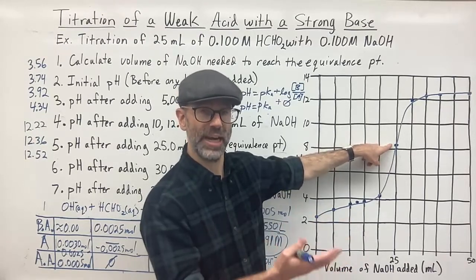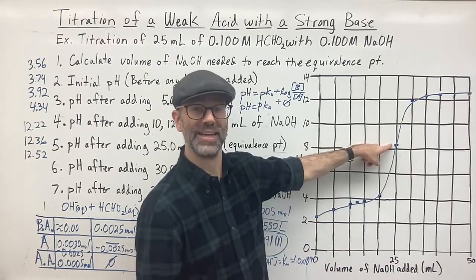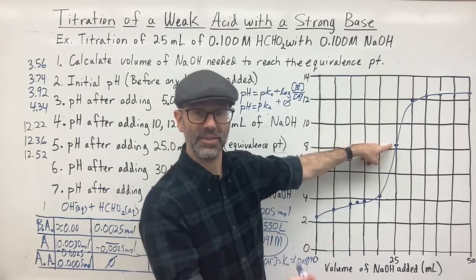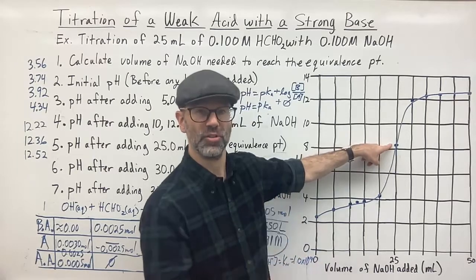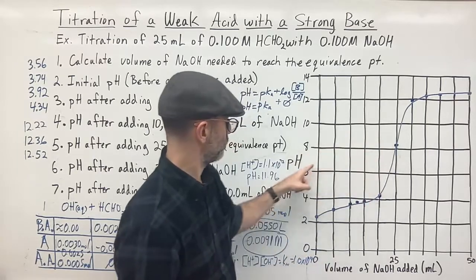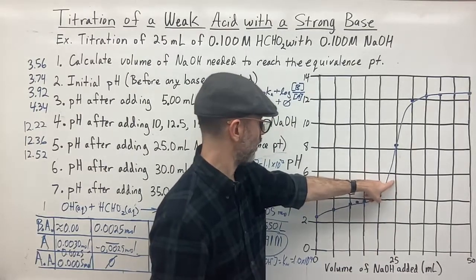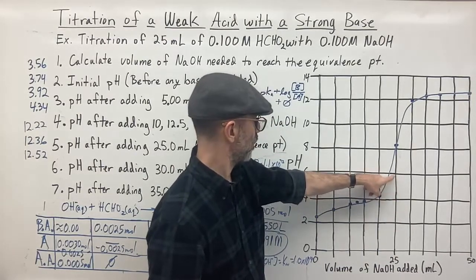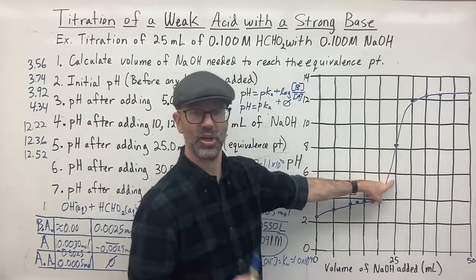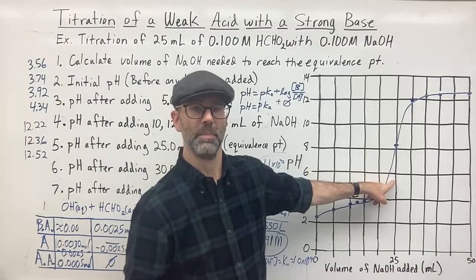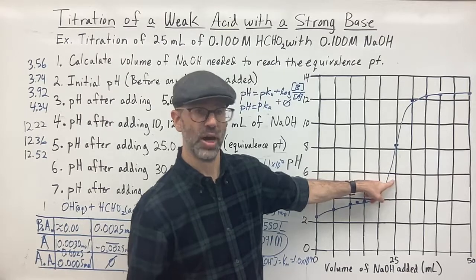That conjugate acid is going to make the pH go lower than 7. So at the equivalence point, our pH might be down here, around 6. You're going to have a low pH below 7 if you're titrating a weak base with a strong acid.